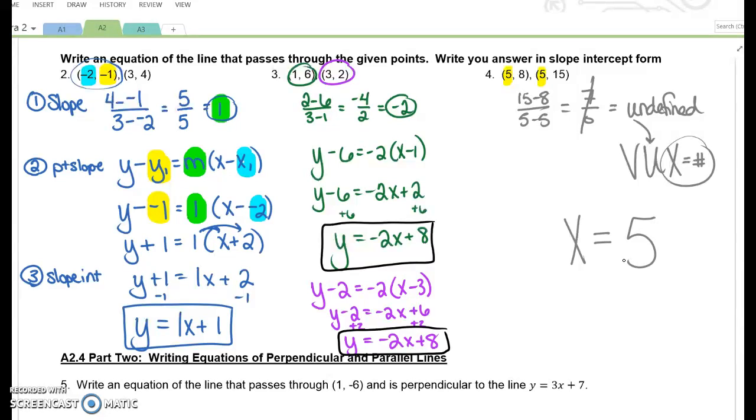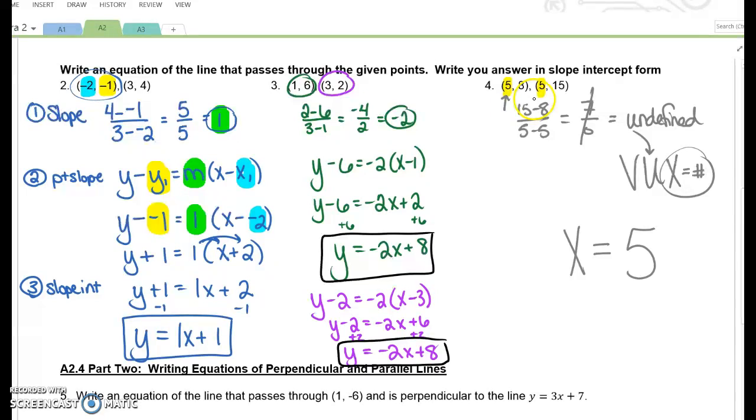So if our line is vertical, look at the x values of your points, and that will tell you what the equation is. Similarly, if you get a situation where you have a slope of 0, your equation would be y equals, look at your points and see what the y value of your points was, and that would be your equation.